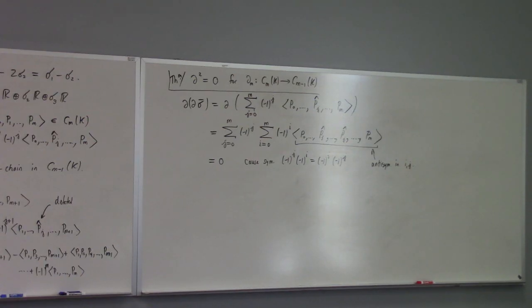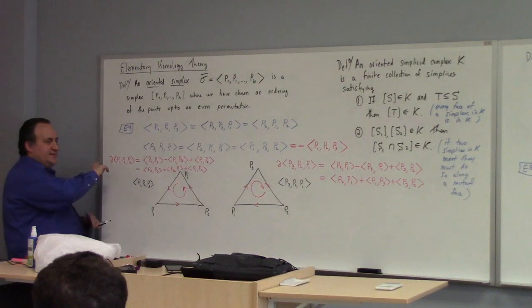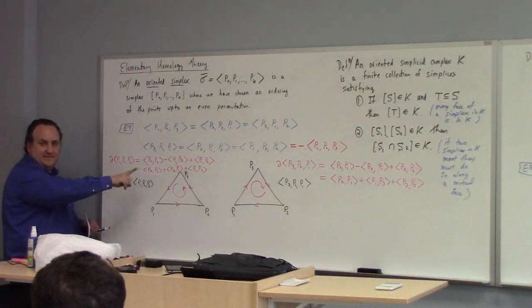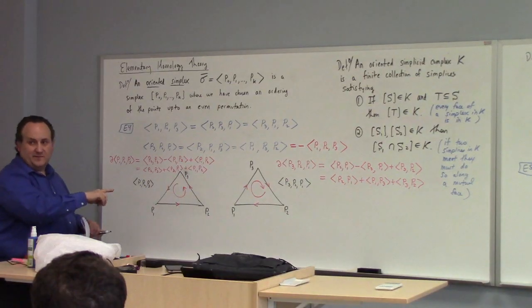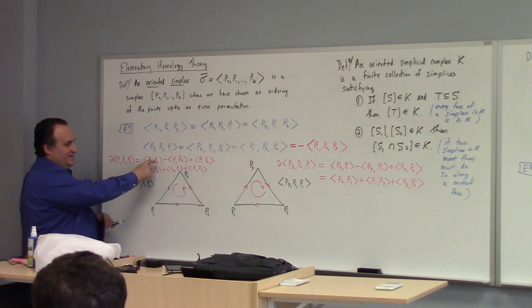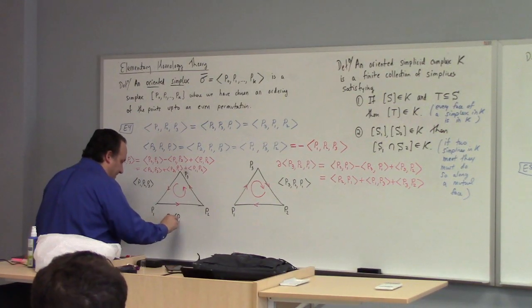Oh, by the way, it's easy to see over here in this example that if you were to take the boundary operator again on these, they work out to 0. What is the boundary operator on 2, 3, by the way?